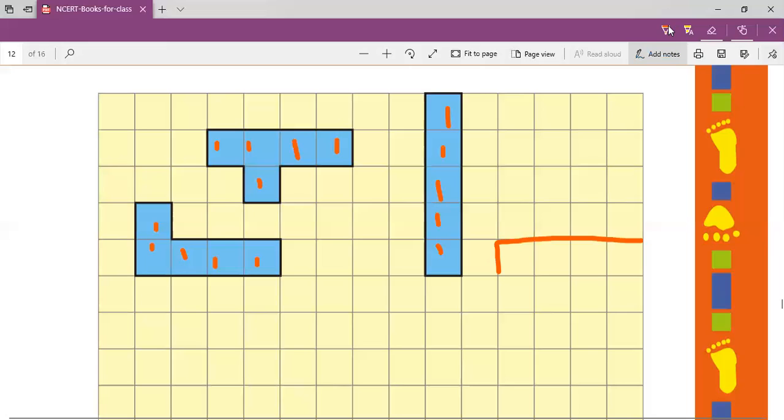If I draw like this, increase one more line. Yes, this is 5 squares. This shape contains 5 squares. See, 1, 2, 3, 4, 5.